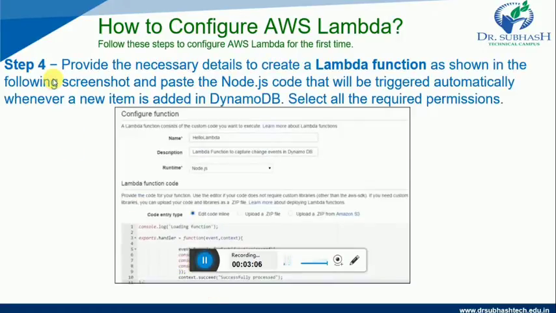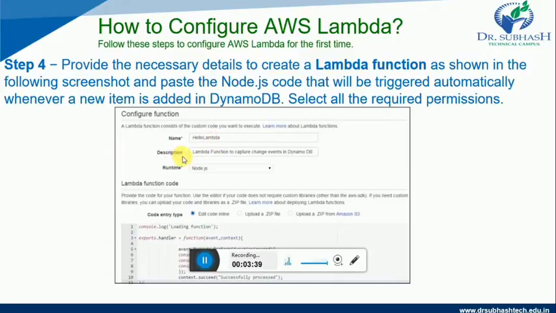Step 4. Provide the necessary details to create a Lambda function as shown in the following screenshot, and paste the Node.js code that will be triggered automatically whenever a new item is added in DynamoDB. Select all the required permissions. Now here you can see in this picture, in configuration function, you have to give the Lambda function name.